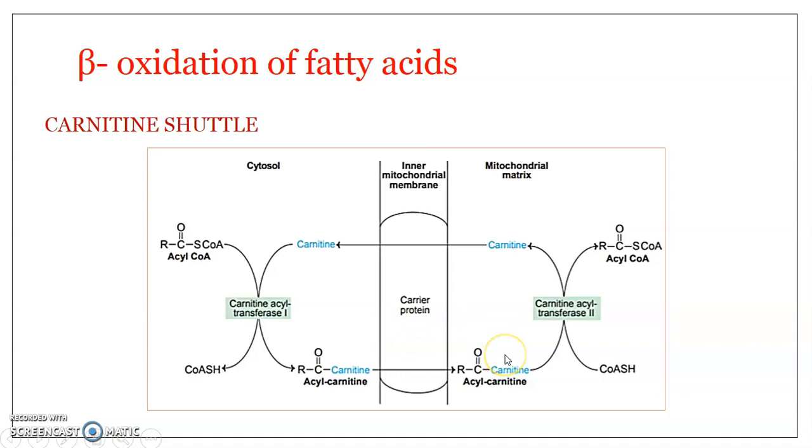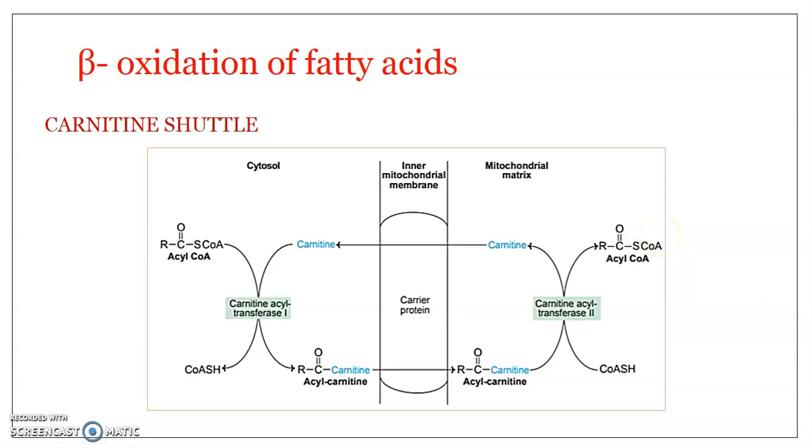to the mitochondrial matrix. So now the acyl carnitine moves through the inner mitochondrial membrane, and it reaches the inner side of the inner mitochondrial membrane. But on reaching over here, the carnitine has to be released, and the fatty acyl compound has to be changed back into acyl coenzyme A so that it can enter the beta oxidation proper.